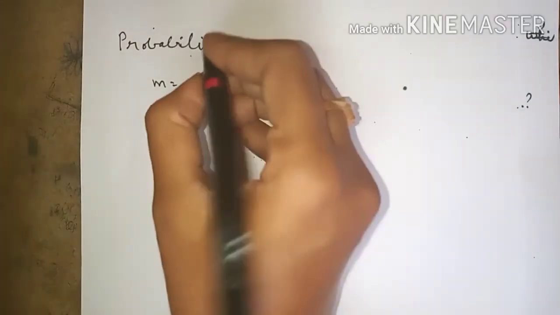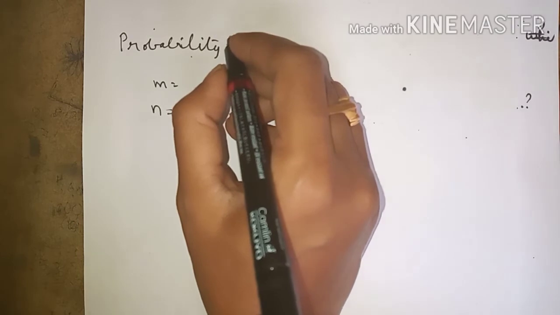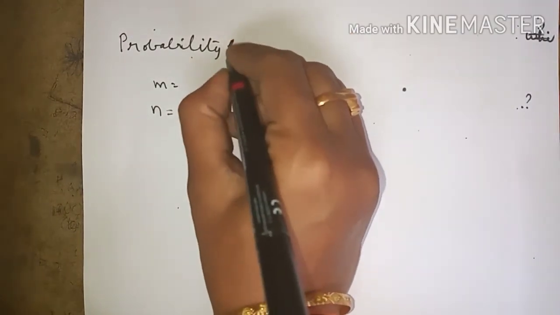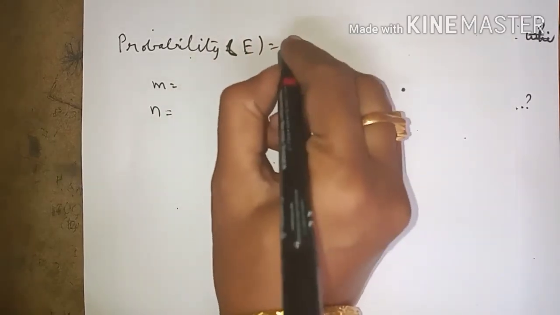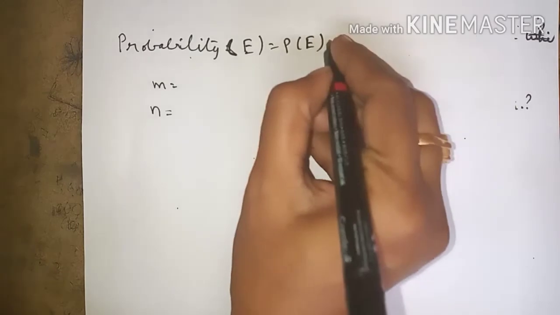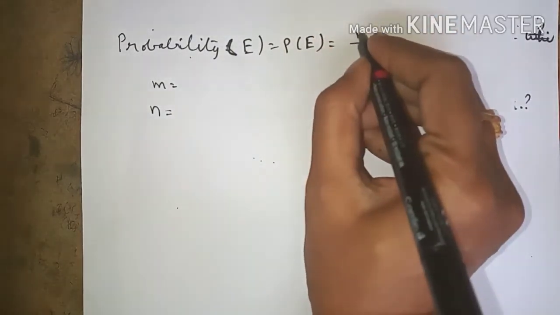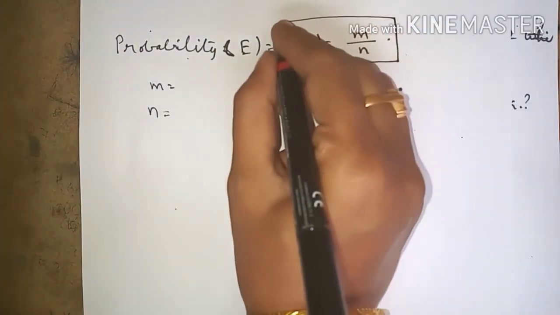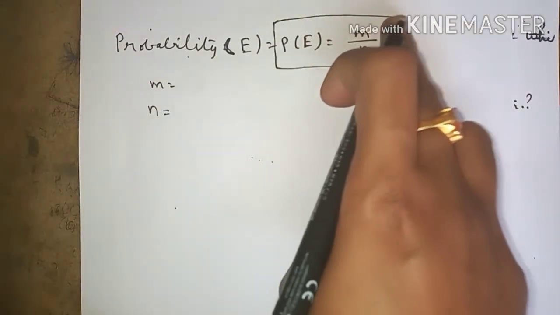Then the probability of happening of an event E is denoted by P(E) and defined as m by n.